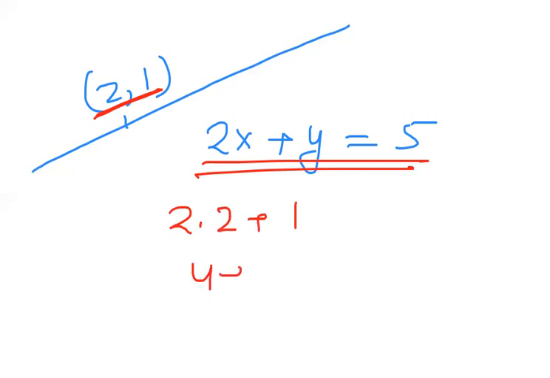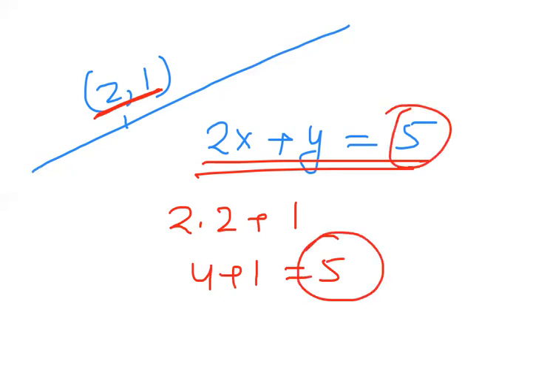So 4 plus 1 equals 5. This shows that yes, (2, 1) lies on the line. If any point lies on the line, then it has to satisfy the equation of the line.